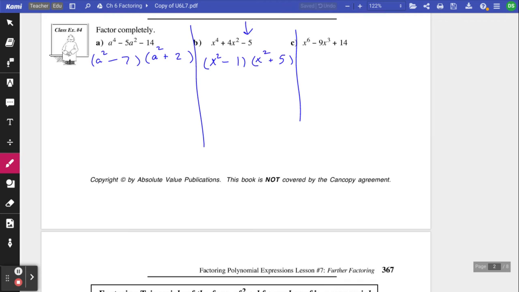Because there's an X squared. I didn't factor further on part A when there was an A squared. True. Think. How come I can factor further on part B?